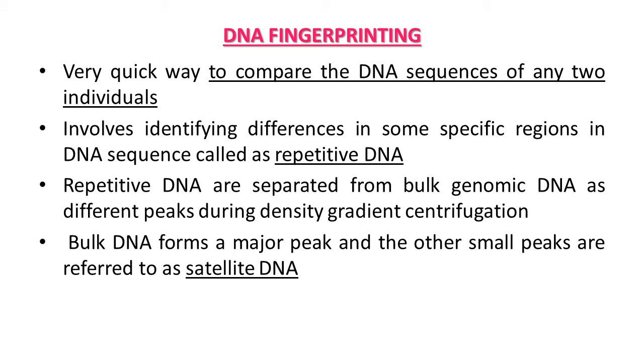So this task of comparing the DNA sequence of any two individuals is done by using this technique. DNA fingerprinting involves identifying differences in some specific regions in the DNA sequence, and that is called repetitive DNA. Otherwise 99% is the same in individuals.